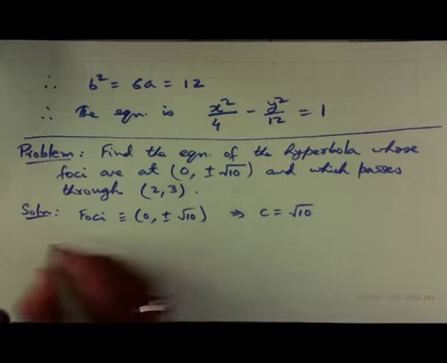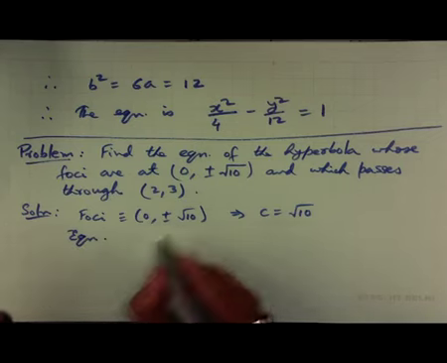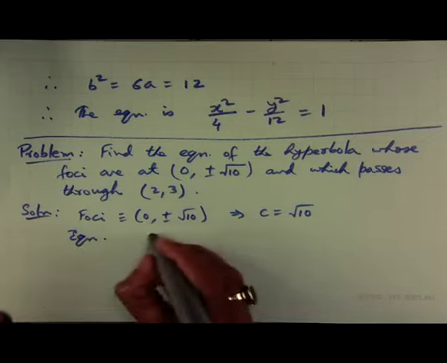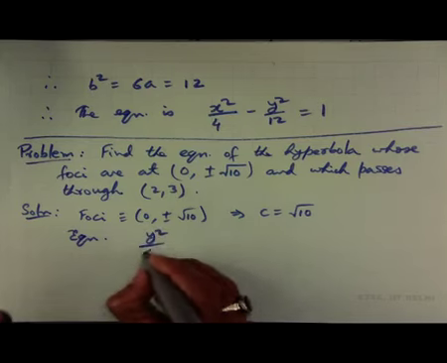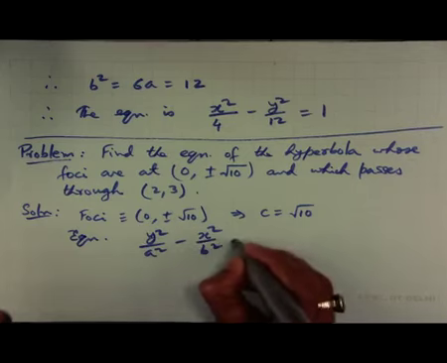Also, because the foci lie on the y axis, the equation is of the form y square by a square minus x square by b square equal to 1.